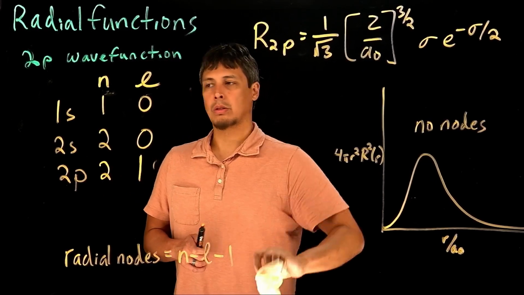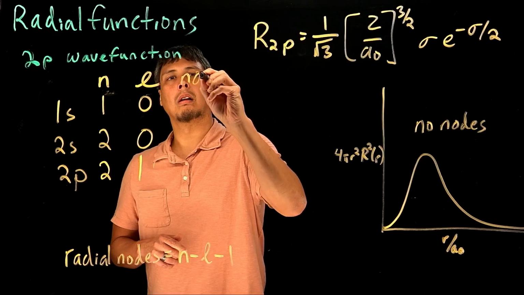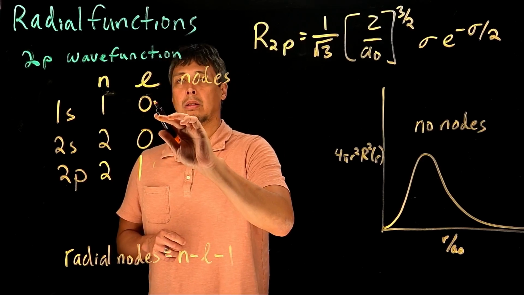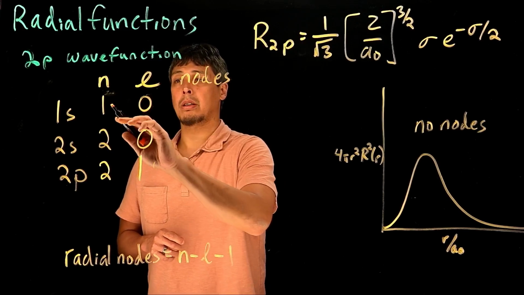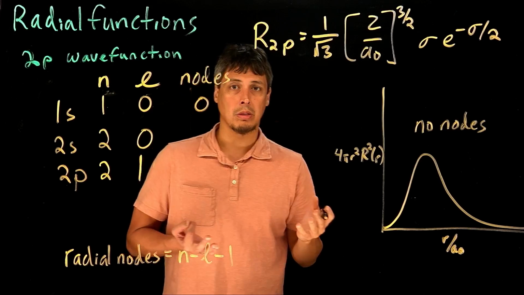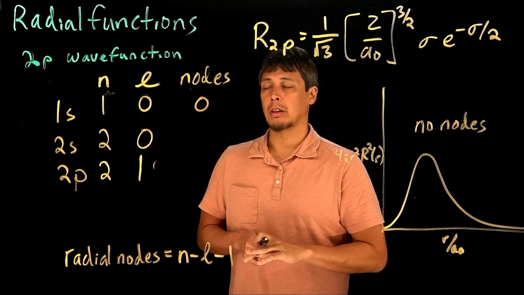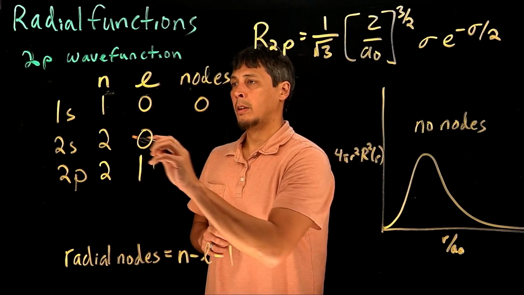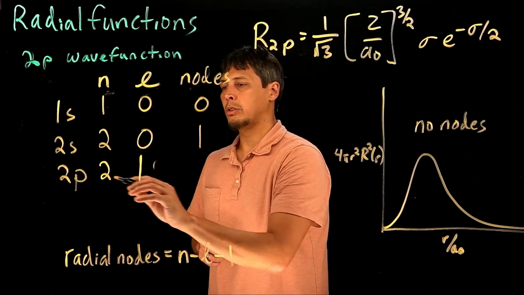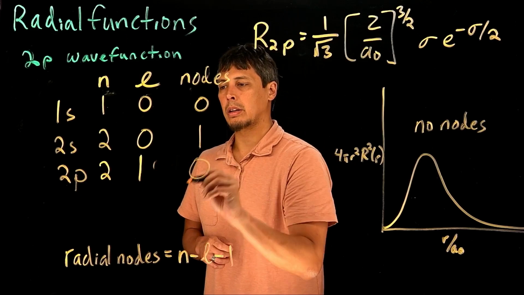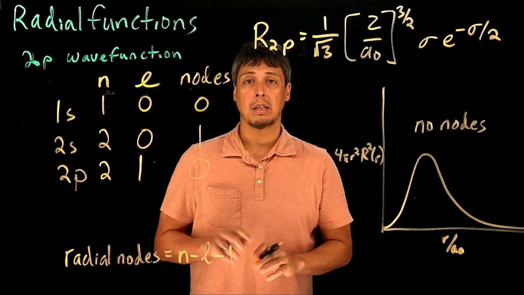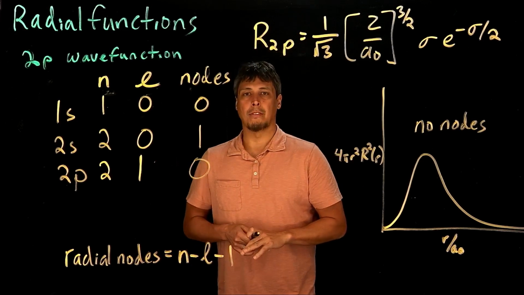If we look at the nodes for each of these orbitals we've looked at now, for 1s, n minus L minus 1 is 1 minus 0 minus 1. We would expect 0 nodes, which is what we saw when we looked at the radial function for a 1s orbital. For a 2s orbital, we expect 1 node. And for a 2p orbital, we expect 0 again, because 2 minus 1 minus 1 is equal to 0. In fact, that's what we see in our radial functions for these orbitals.